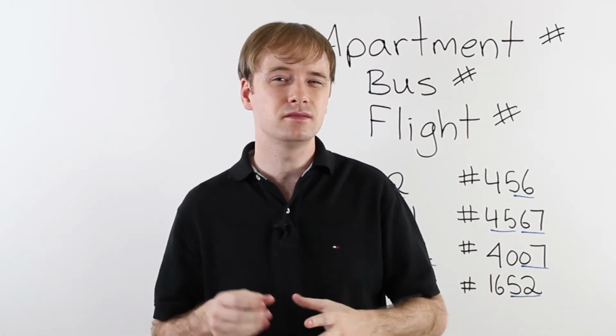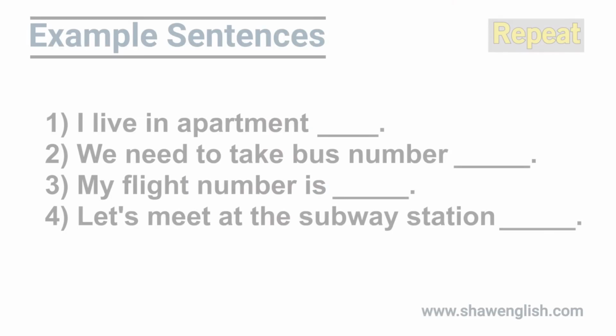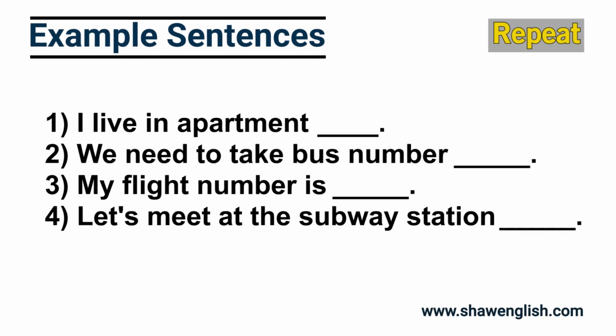Let's take a little quick test right now and see how you can do. All right, there's only 4 questions here. Number 1, I live in apartment 632. I live in apartment 632. Number 2, we need to take bus number 3333.